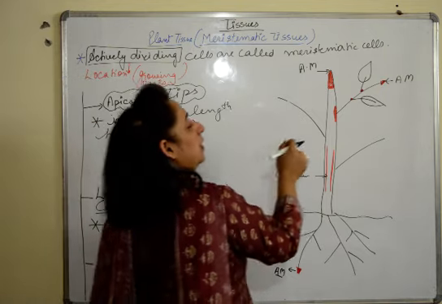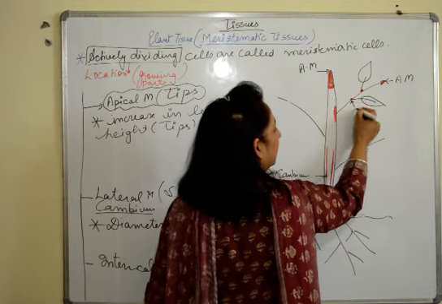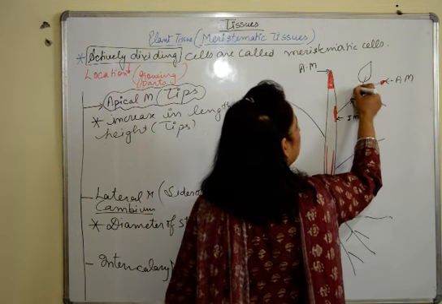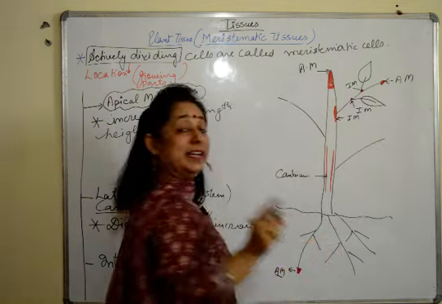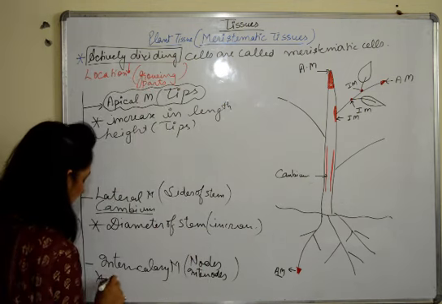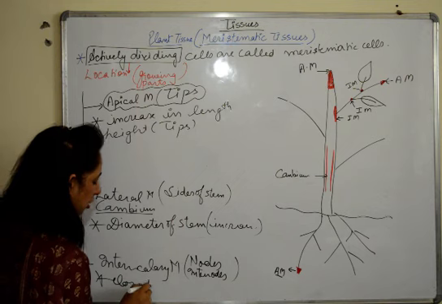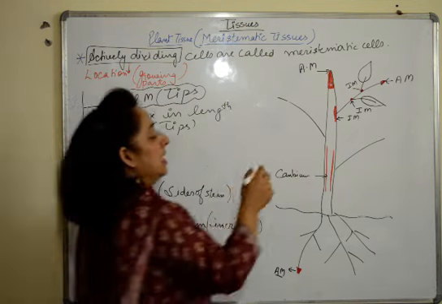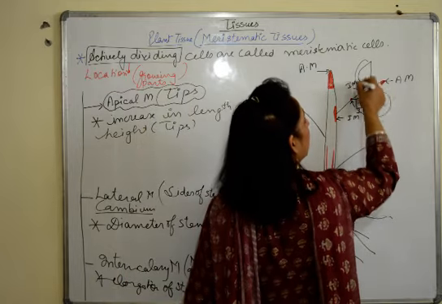So this is intercalary, this is intercalary, this is intercalary. It will help in the elongation of the stem to some extent, plus regrowth of the leaves which are shed off.